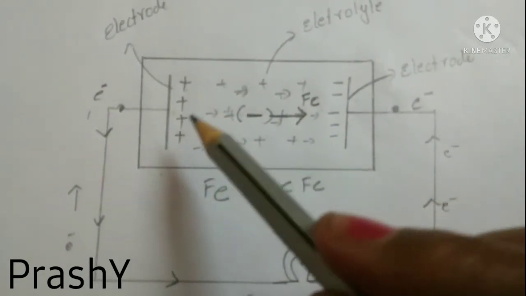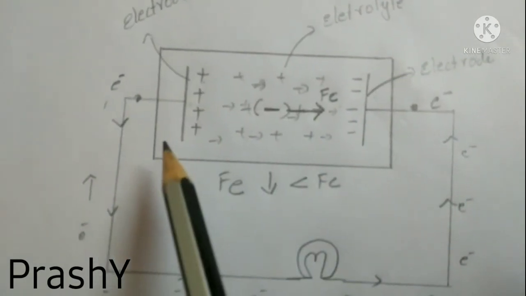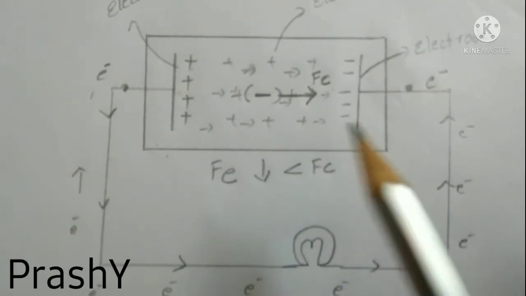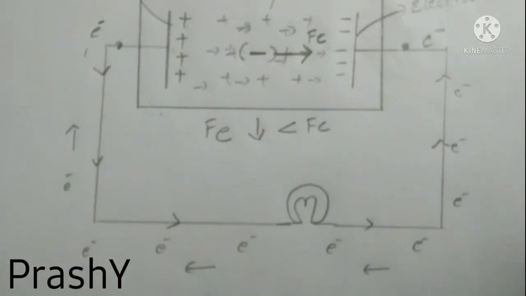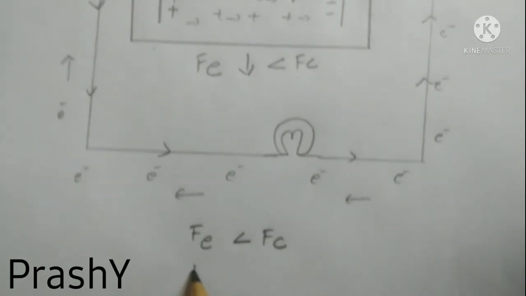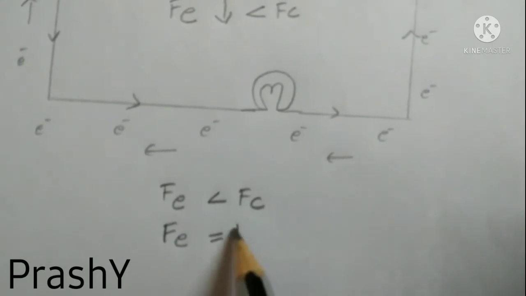And again, the process of accumulation of the charge will continue until equilibrium is maintained between the two forces. That means if previously Fe is less than Fc, again the accumulation starts, and again Fe will be balanced by Fc.